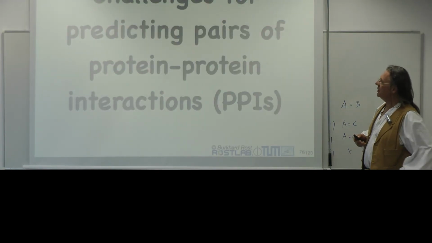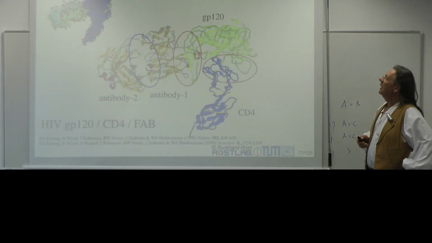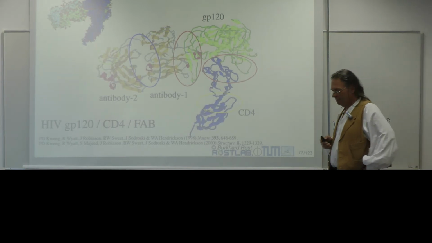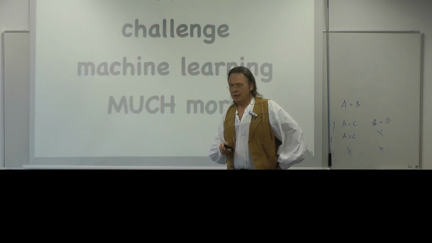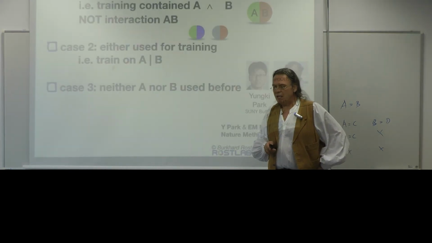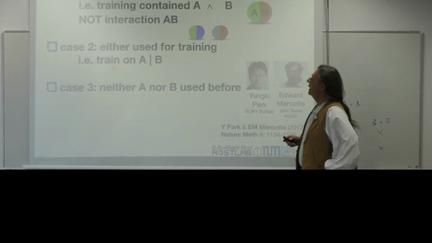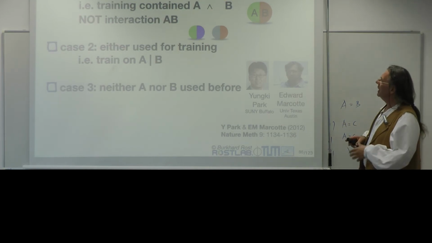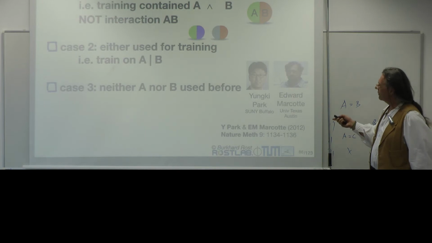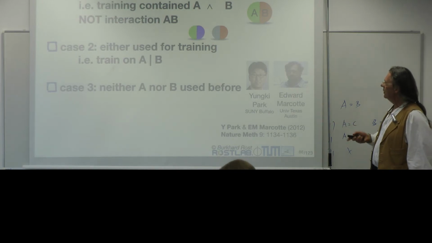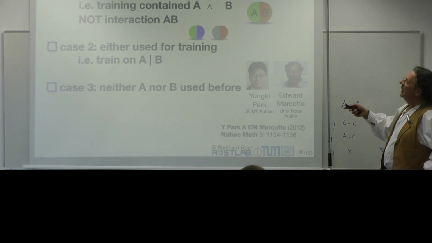Anyway, the second major step here is the preparation of the data set, and this is going to be a very, very fast run through. The one issue here is about grouping. The way we cluster into families for protein interactions gets more complicated. The first story of complication was published first by Yongki Park and Edward Marcotte.